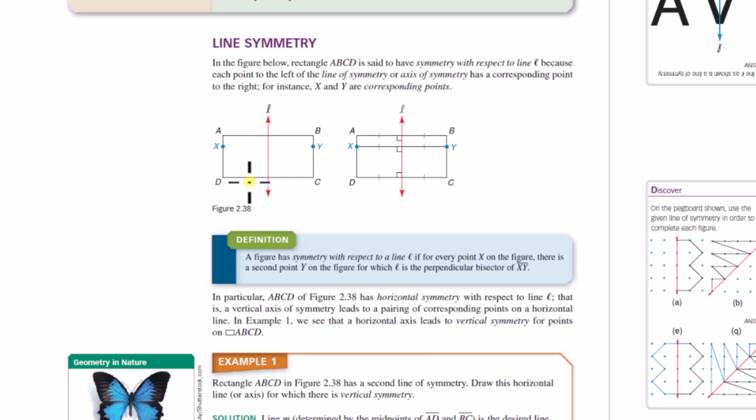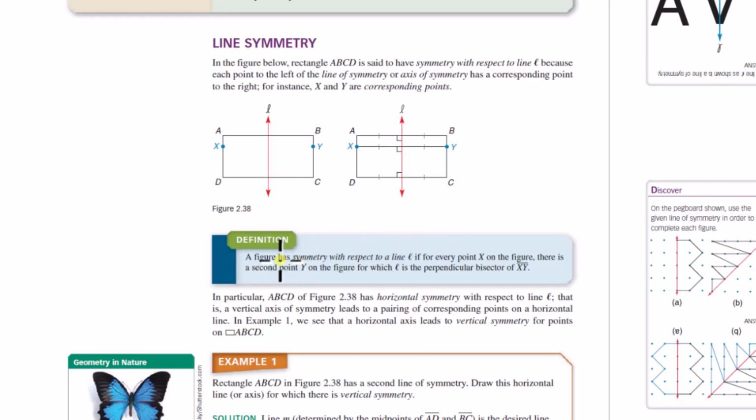And what corresponding means is that both points are in the exact same positional location relative to the line on either side. All right, and so to get a more official definition then of symmetry with respect to a line, we need to understand exactly what corresponding points mean, or what does it mean for 2 points to be in the exact same relative position on either side of the line.